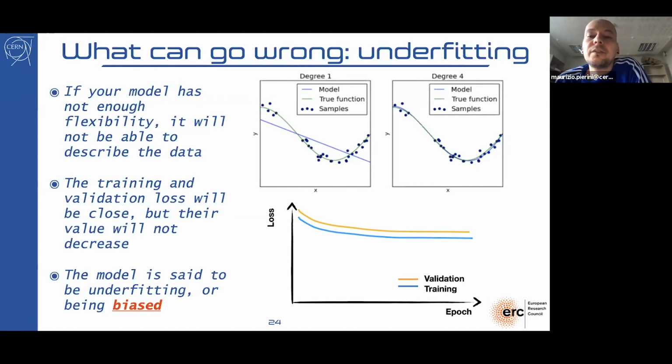Typical example, if you have a relation like the one in the figure at the top, which is extremely nonlinear, and you try to fit that with a straight function, you will miserably fail. In this case, you might find some minimum value for your parameters, but the value at minimum is big, which means that the loss is still big. So your loss function is going down, you're learning something, but eventually it saturates very early to a big value. And in this case, people say your model is biased.